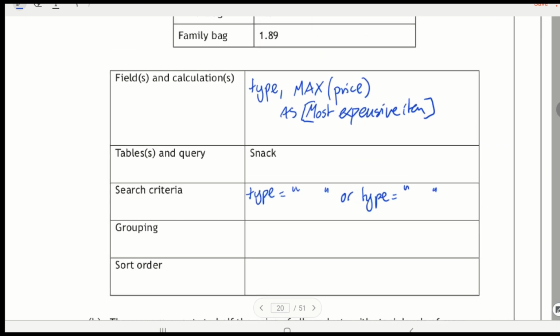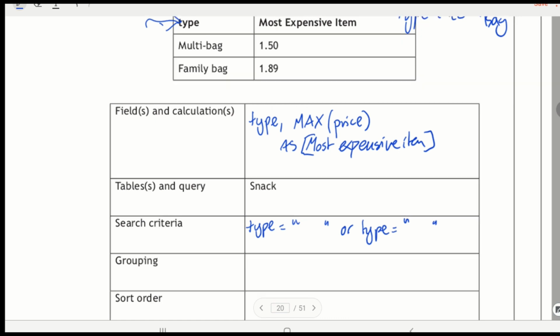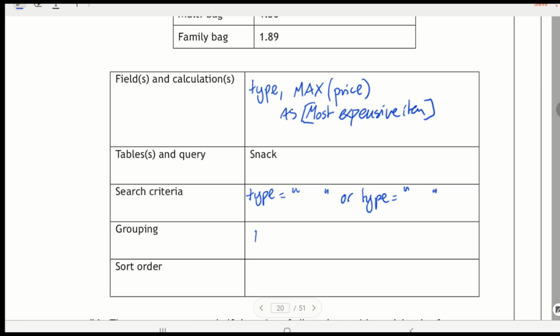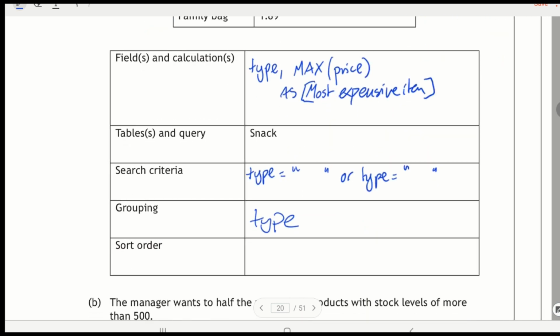Grouping, well, we've not got just one value overall that's the most expensive price. We've got the most expensive for each of these, so there must be grouping, so it's being grouped by type. And the other way that I can tell that is there has to be grouping because we're using a function for the second column, and I've got something in here that's not a function, so therefore it would have to be grouped.